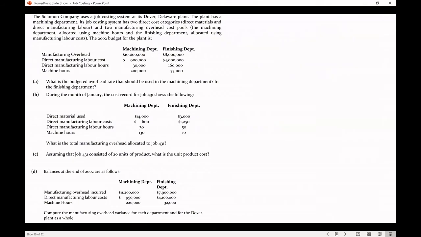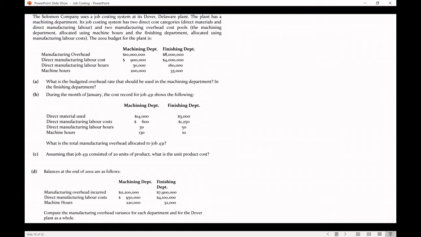Let's look at B. So B says, during the month of January, the cost record for job, so this is now the cost for a job we're looking at, the cost record for job 431 shows the following. And remember, it's going to be both departments, machining and finishing.